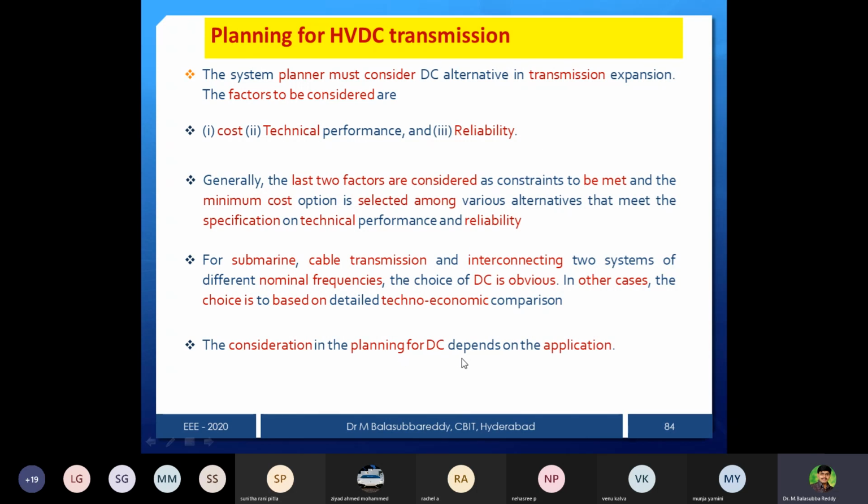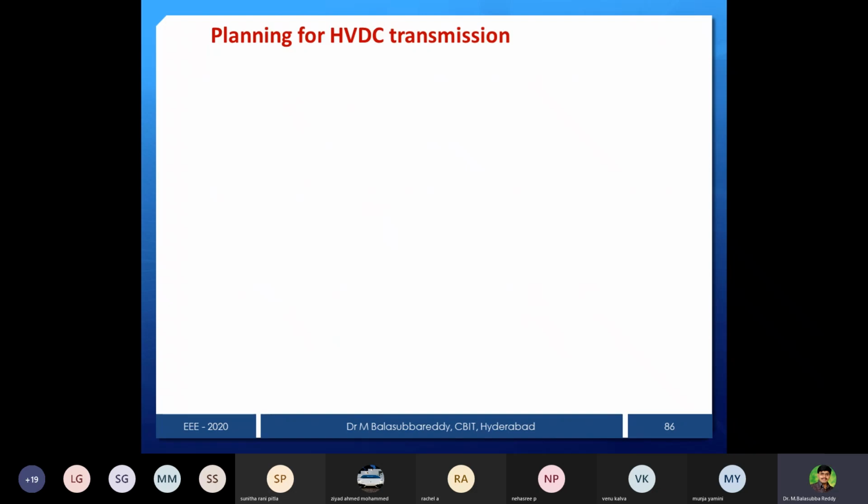When we are planning based on the application, we have to consider this parameter, how much voltage we have to consider, and how many valves you have to connect in series or in parallel, whether it is required or not. All these aspects are going to be taken care of depending on the applications.